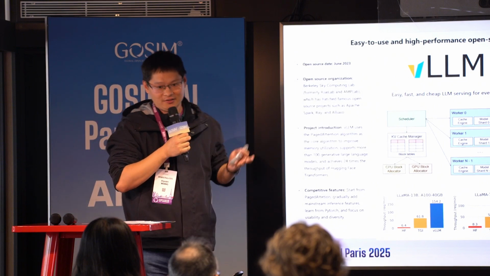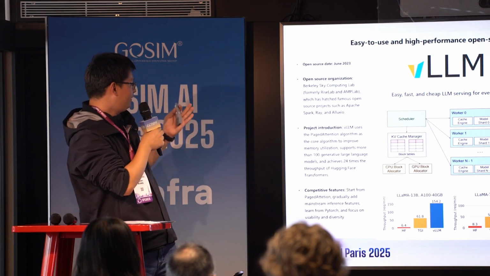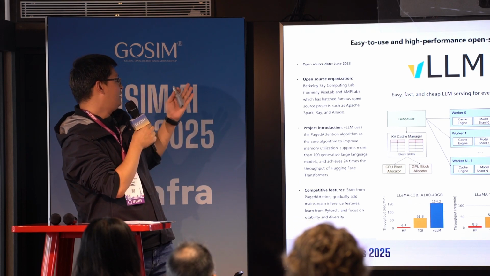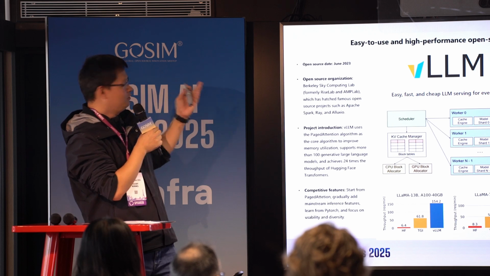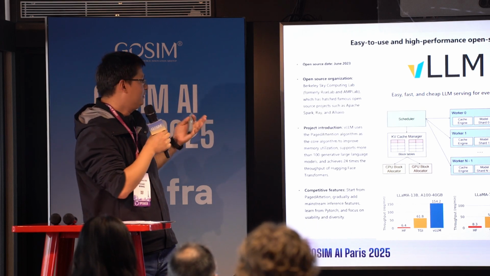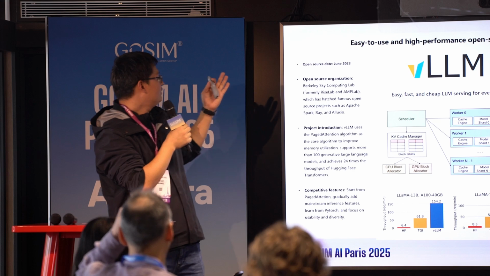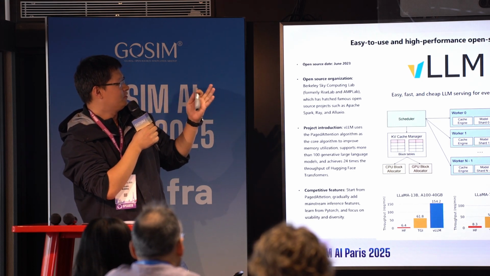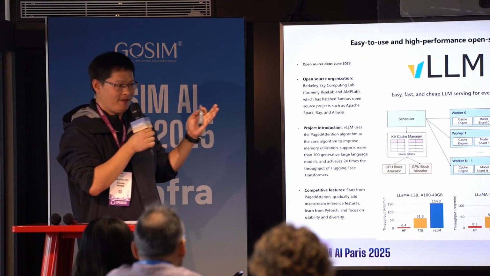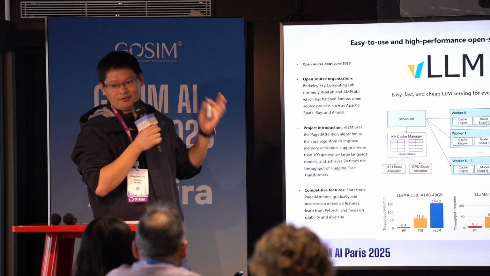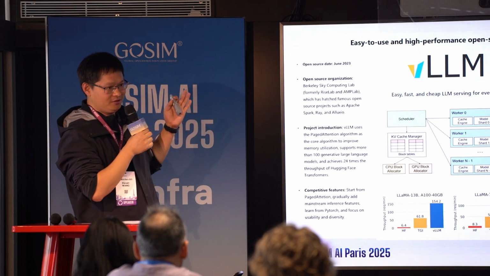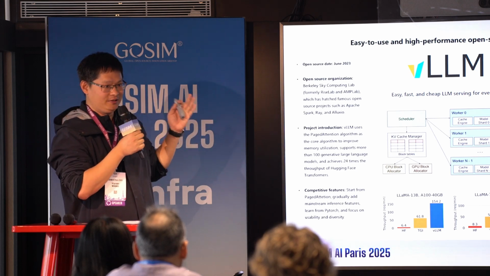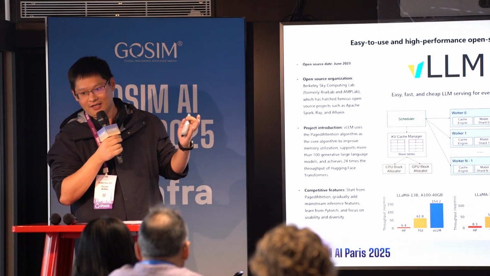Okay, so what is vLLM? It was created by the UC Berkeley Sky Computing Lab in 2023. It is an easy to use, high performance, open source, full stack inference service framework. So it is mainly used for inference. Users can run large language models with this framework effectively and quickly.